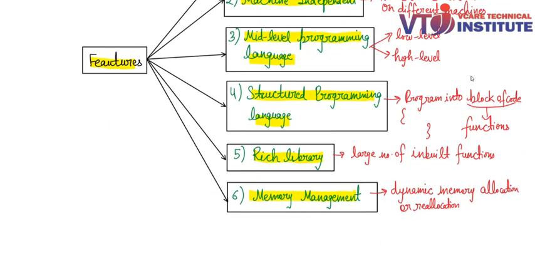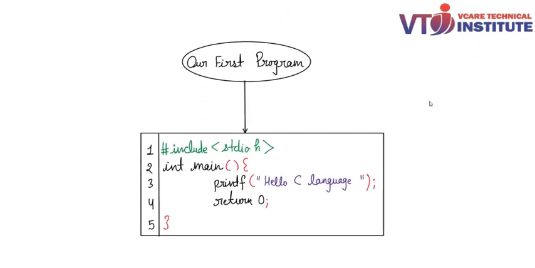Now let's move ahead and talk about our first program. This is our first program, and this is the syntax you are going to follow in every code in the C programming language.